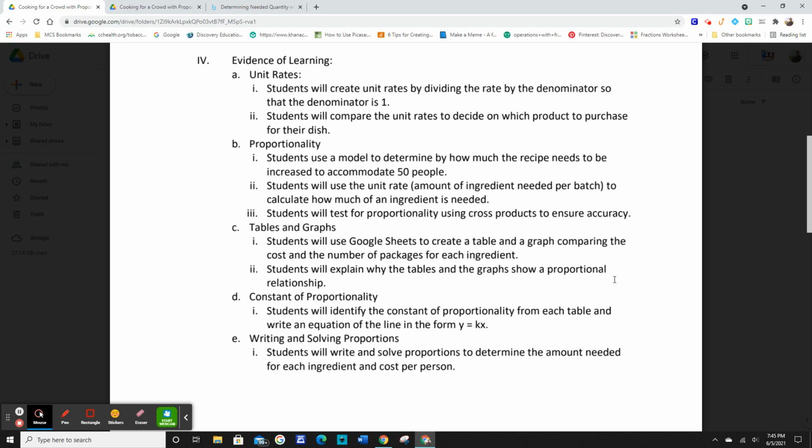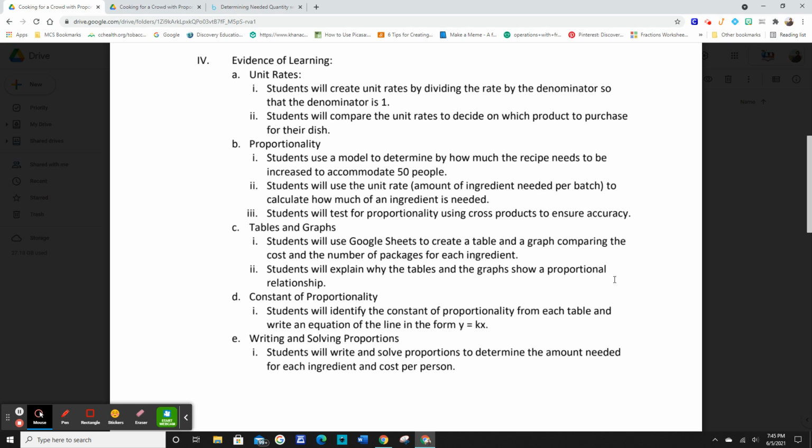So they're going to check their work by using cross multiplication to see if their calculations are correct, so that when they make 5 batches of the recipe, they can ensure that it's going to taste exactly the same as if they were only making 1 batch.